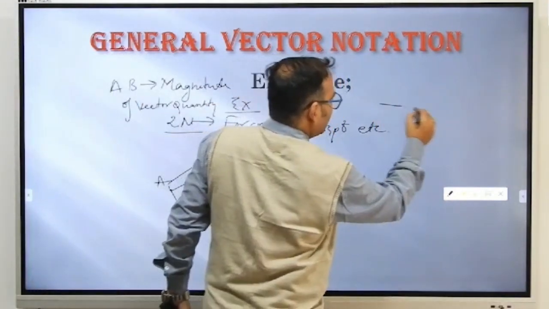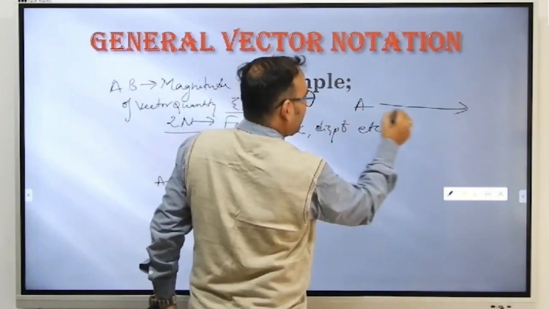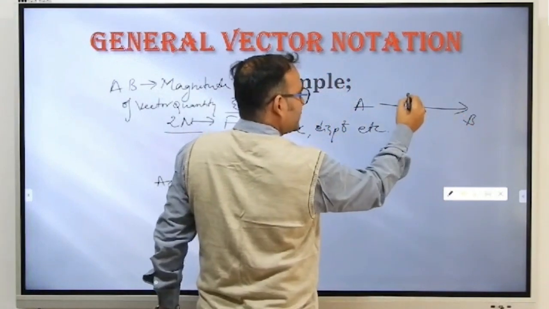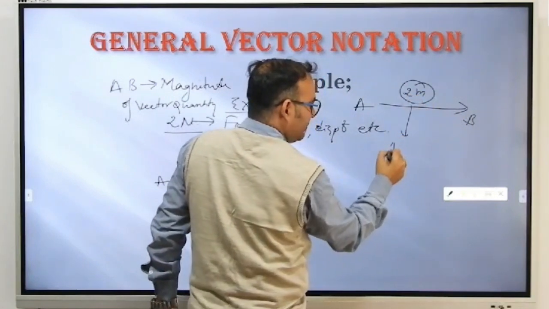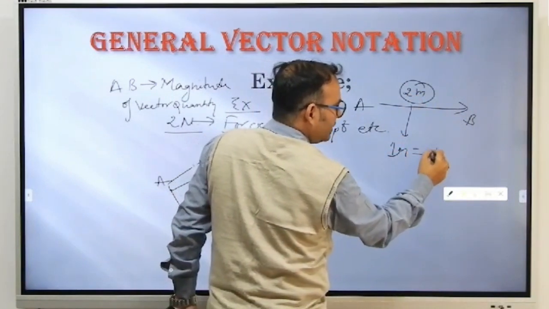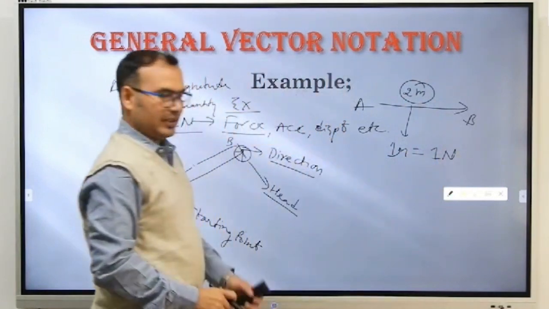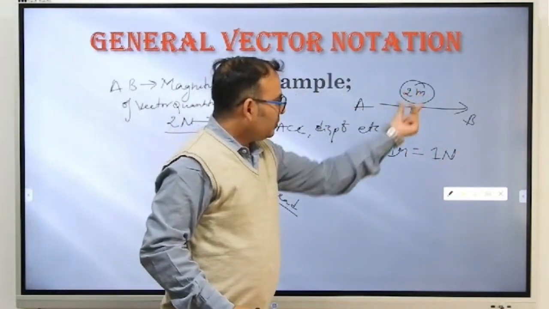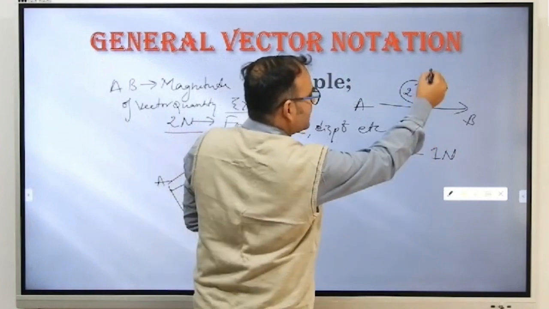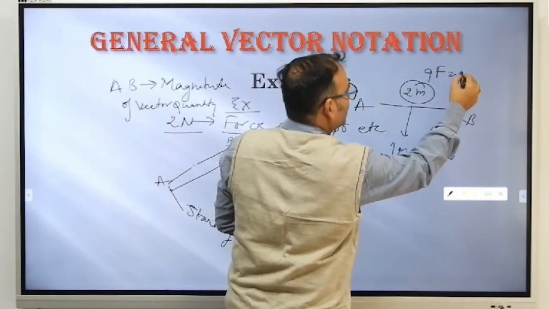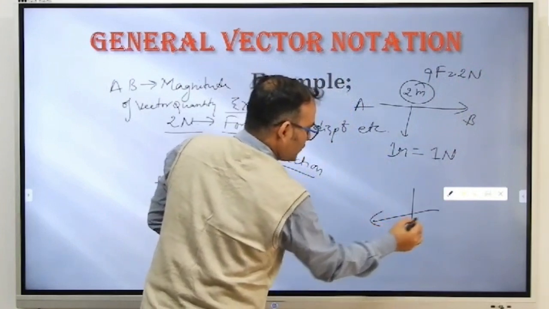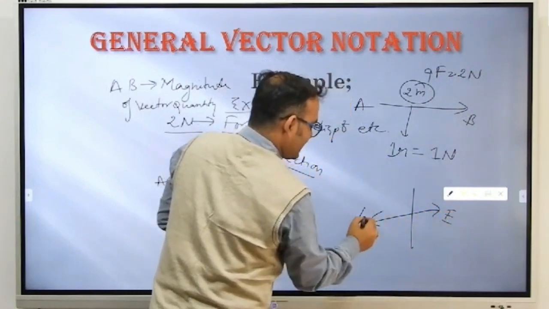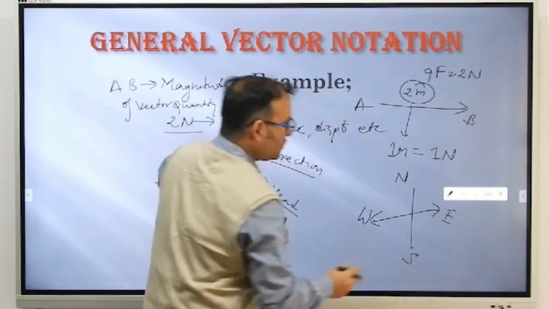Like this is a vector, any vector AB. Suppose the length of this is 2 meter and the scale is 1 meter equal to 1 Newton. So the 2 meter length means the force is 2 Newton, and suppose I am marking the directions: east, west, north and south.